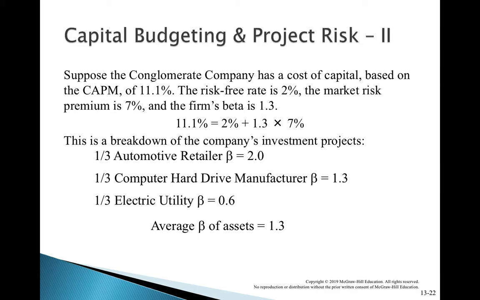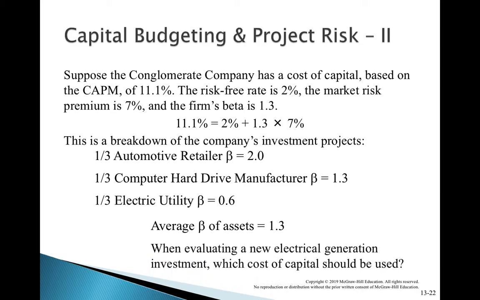Now, the question is, when evaluating a new electrical generation investment, which cost of capital should be used? Because the general cost of capital as per CAPM is 1.3. Should we use 1.3? Should we use 0.6? Should we use 2.0? Which beta should be taken?